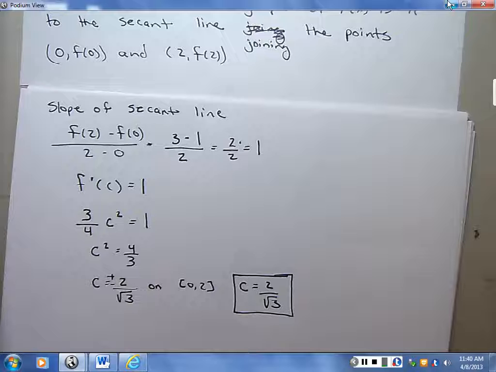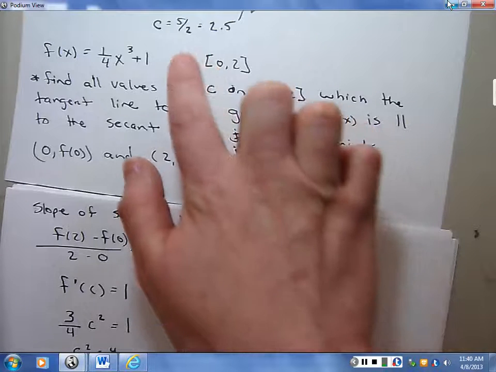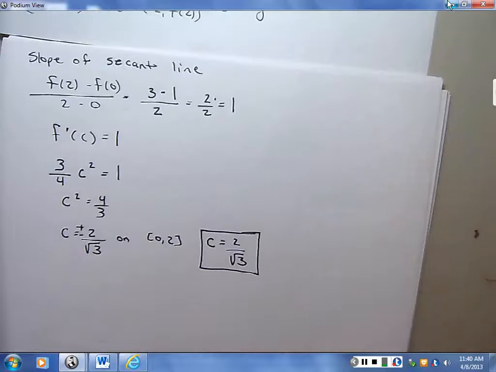So a lot of times, you've done examples like this before where they ask where the slope is parallel to y equals x. So you take the derivative, you set that equal to 1 and solve. It's along the same lines. It's just worded a little differently. They just give you this interval from 0 to 2, and you're finding when the slope is the same as the slope of that secant line. So in this case, the slope of the secant line is 1.